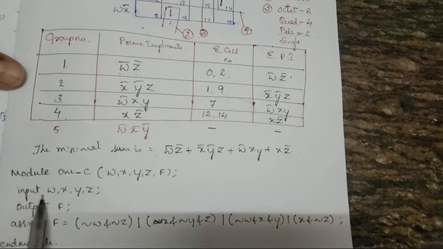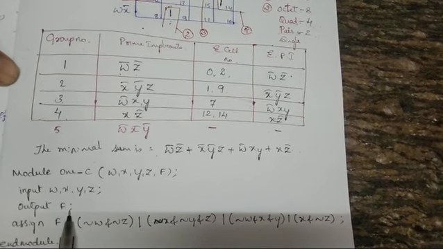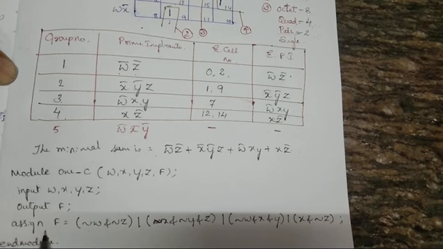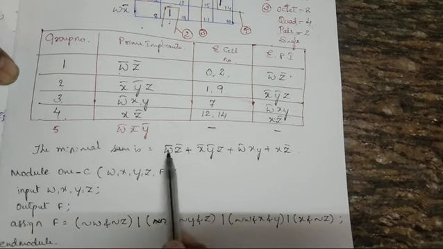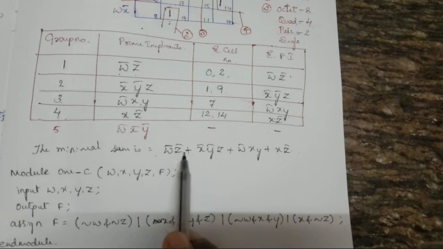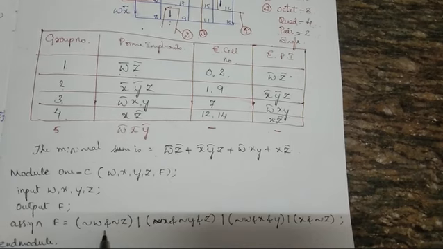Inputs and output are specified, then I have used the assign keyword, assign f, that is the output, is equal to. For the NOT gate the negation symbol is used, negation of w. It is an AND gate, w bar and z bar, so I have used an AND symbol, and since it is z bar, it is negation of z.